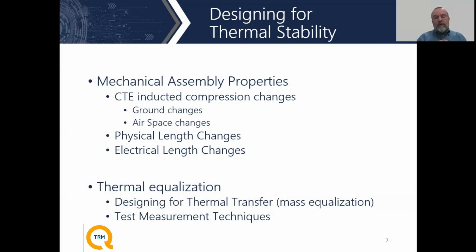To accomplish this, it's all about mechanical thermal equalization, which is basically designing the part to have equal thermal transfer throughout, or equalizing the mass around these various pieces. This way, as the units heat up and cool down, the temperature of the various dielectrics that are changing will be the same on one side of the unit versus the other side.